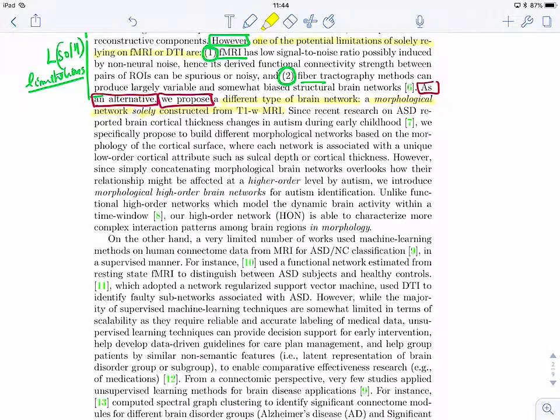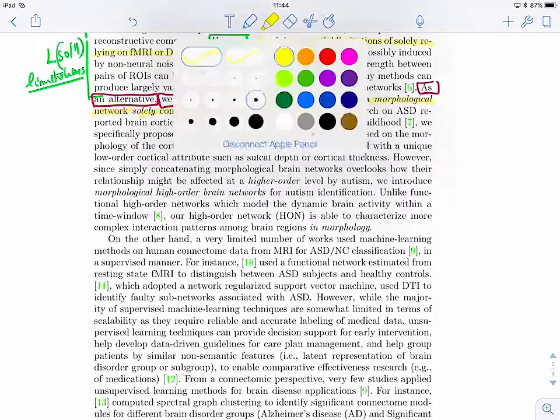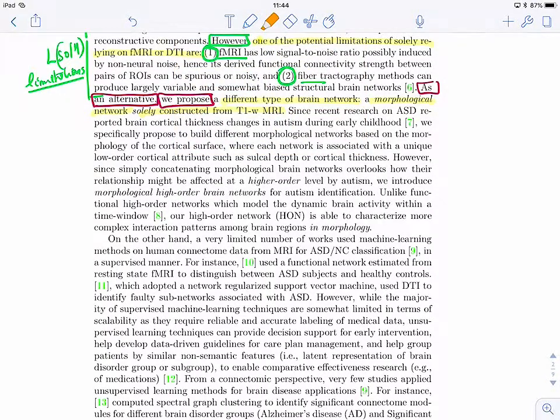So, right, in the next sentence, what we do is explain why this is a good solution. Since recent research on ASD shows that some morphological attributes of the brain can act as biomarkers, then it's important and kind of justifies why we're proposing this solution.